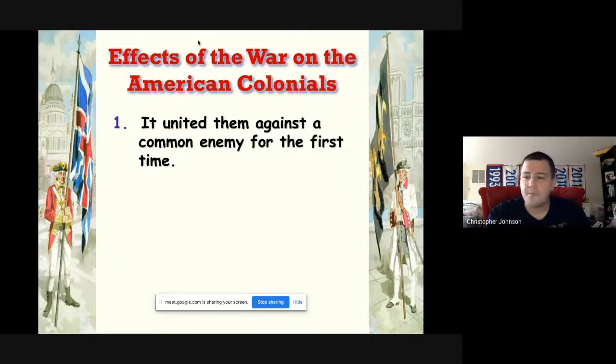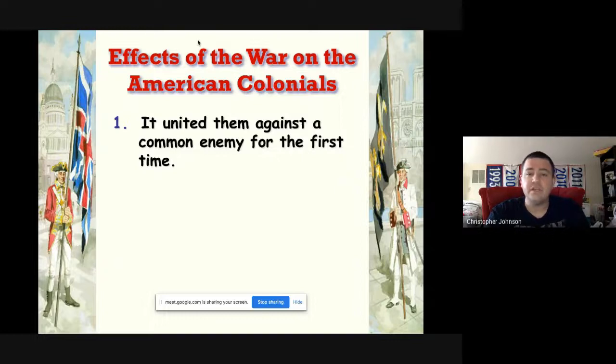People from Georgia and Massachusetts started mingling together and started realizing we have a lot of things in common. Maybe we could form a bond. Maybe we could form a country together. And these things are going to start to be the downfall of the British Empire.